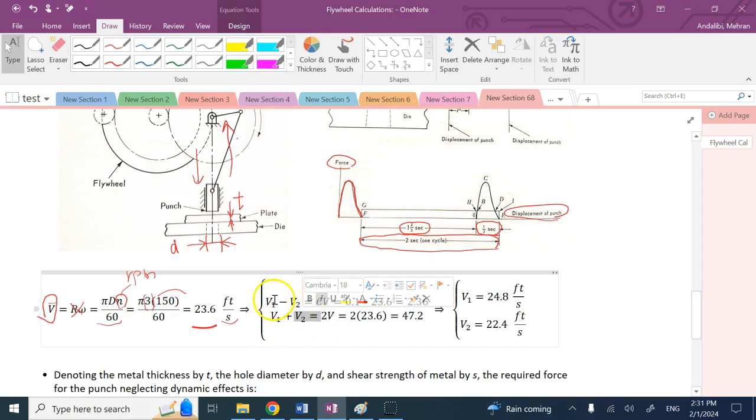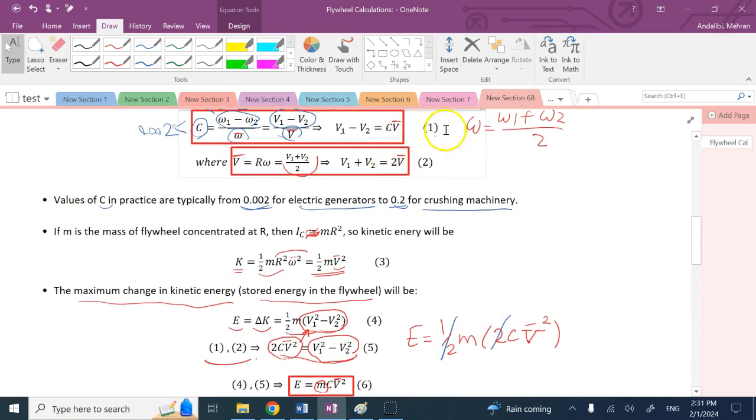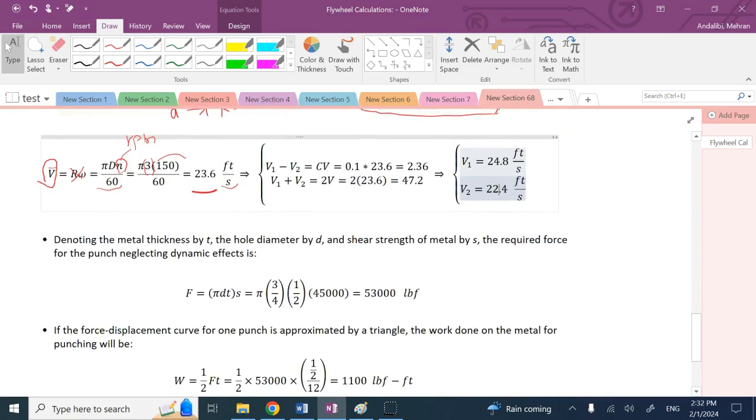But if you want to know the maximum and minimum velocities that my system can have, I have the right-hand sides of 1 and 2, so I go here. V1 minus V2 is C times V, which is going to be 2.36. V1 plus V2 is 2 times V, which is 47.2, and I can solve for V1 and V2 to be 24.8 and 22.4 feet per second. Okay?